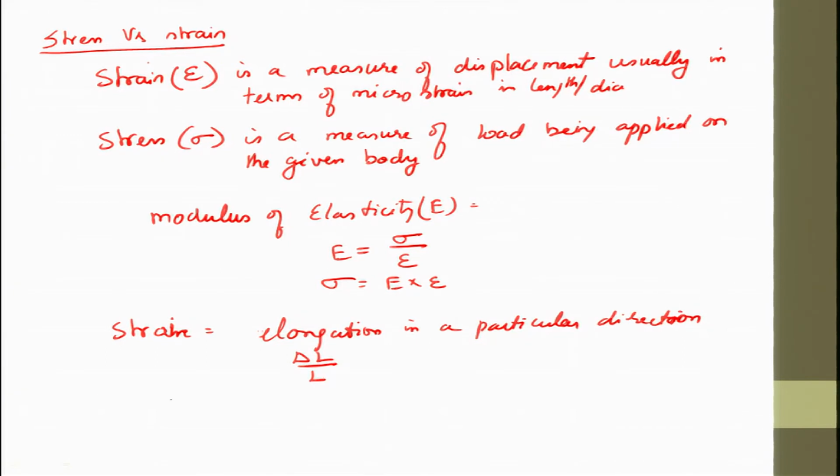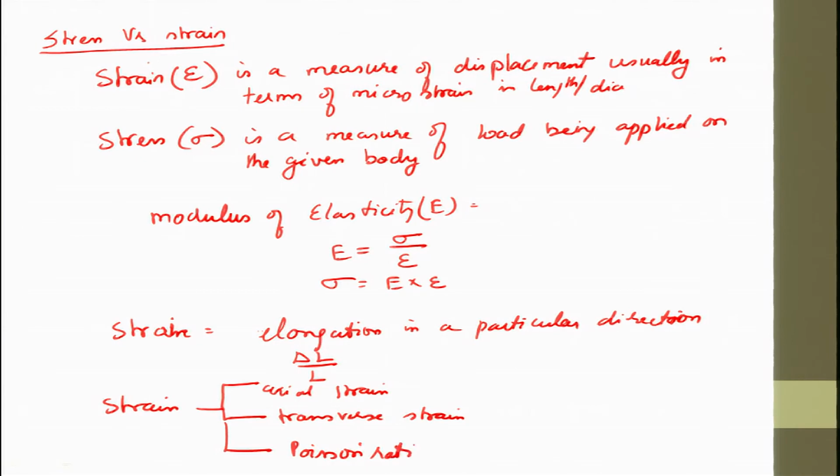Okay. So, these strains can be classified, there can be three different types of strains. One can be transverse strain. The other one can be axial strain, and of course, you have Poisson's ratio. What is Poisson's ratio?